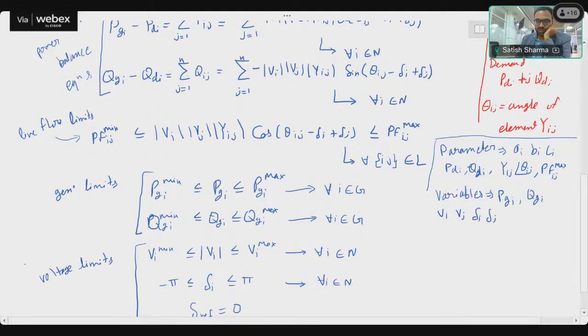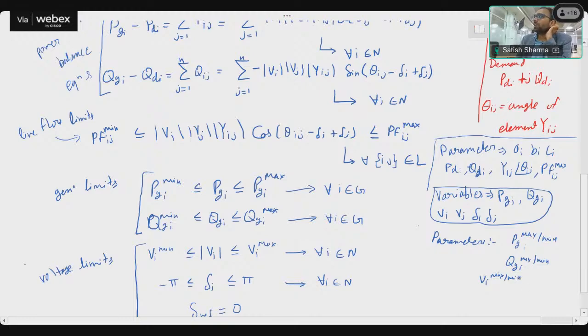So these are the variables. Apart from that, there are no other variables. Now let me define some more parameters. So what are the other parameters? Parameters are basically PG max and min, QGi max and min, and Vi max and min voltage magnitudes.